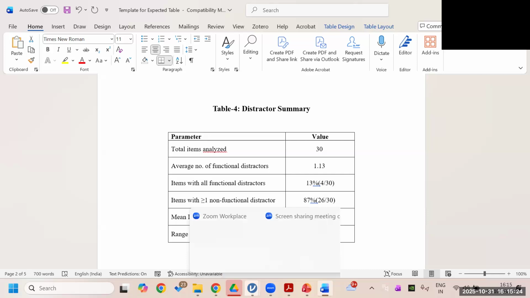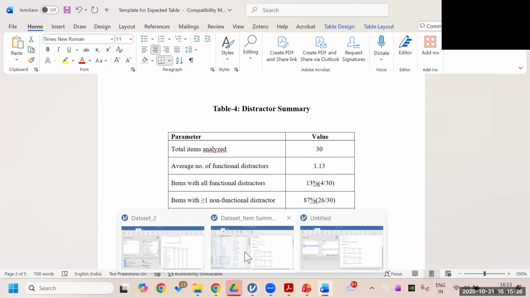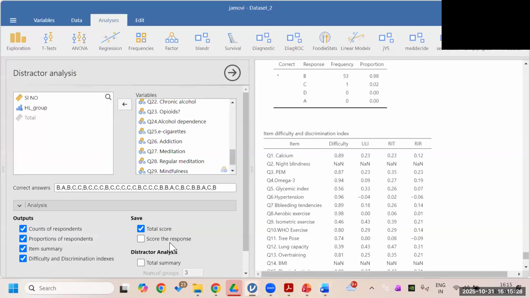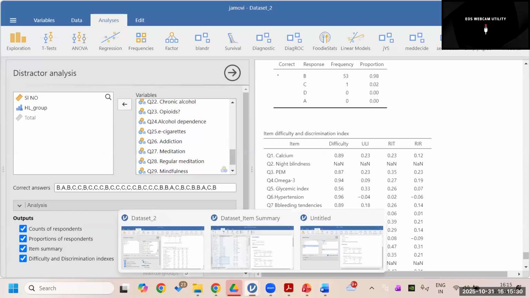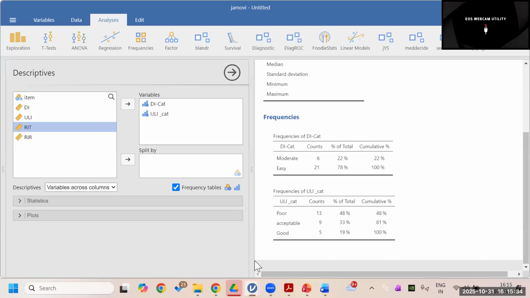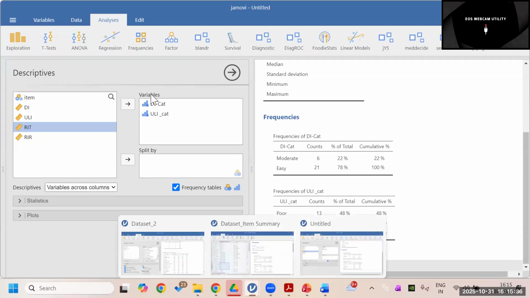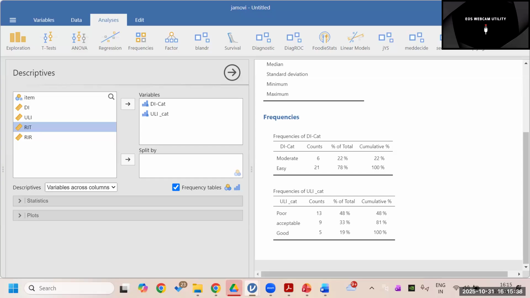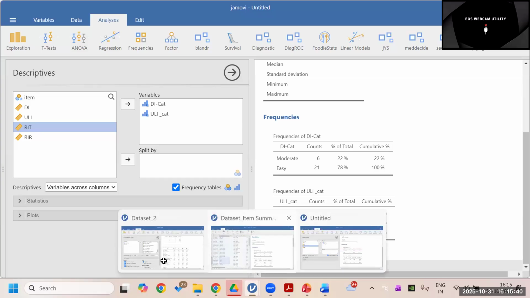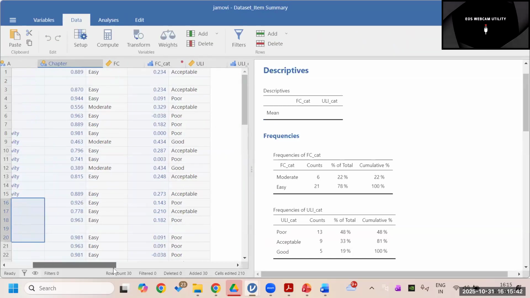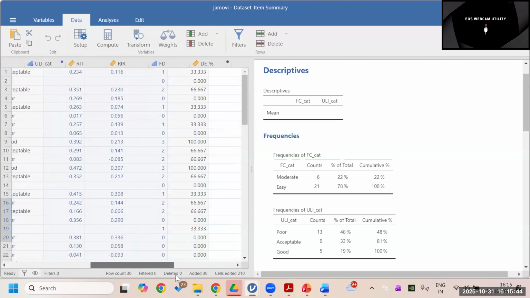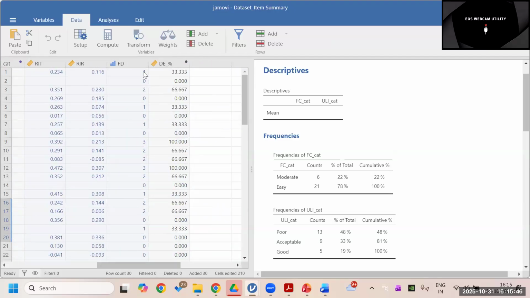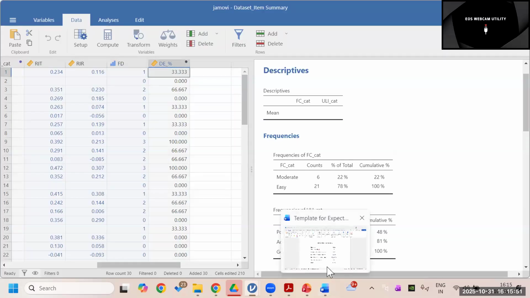This we get from the distractor descriptive statistics. So what you do, go to this data, not this one, okay. And here you have to copy paste that value, the distractor efficiency. We have calculated the distractor efficiency, functional distractor, so I have copy pasted the distractor efficiency from this word.